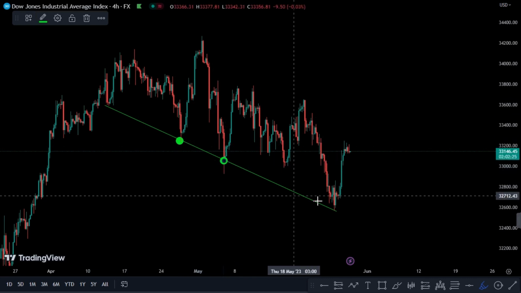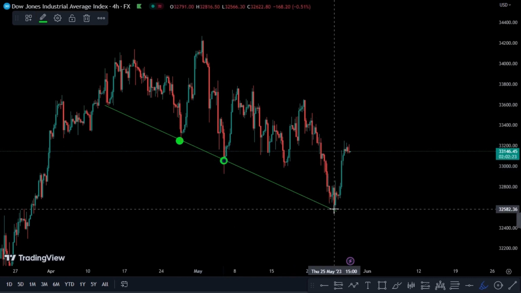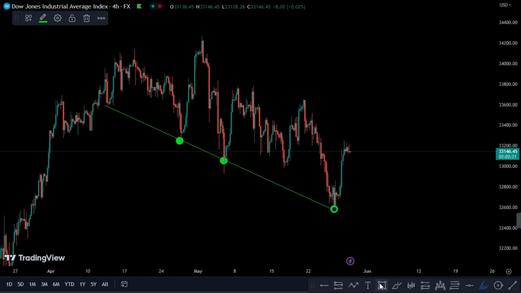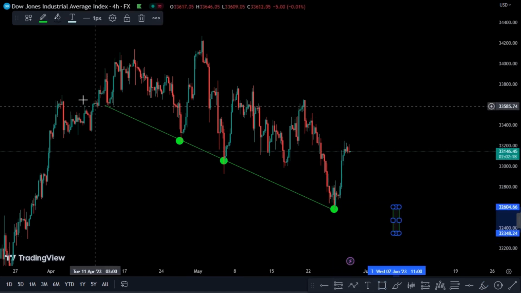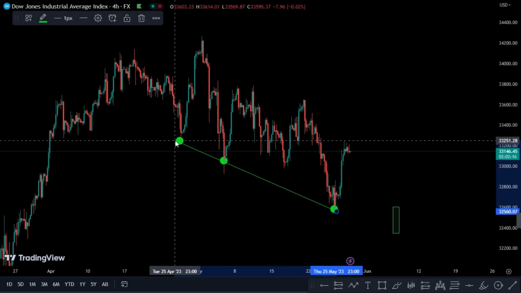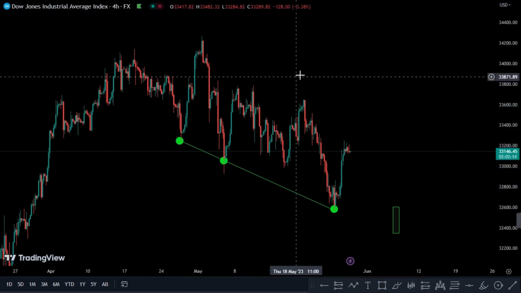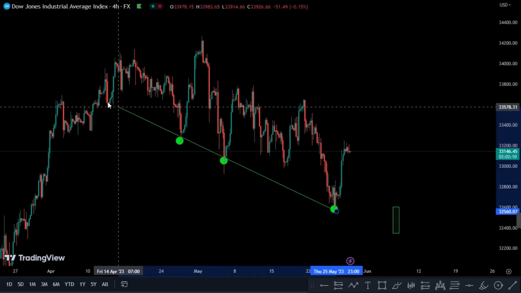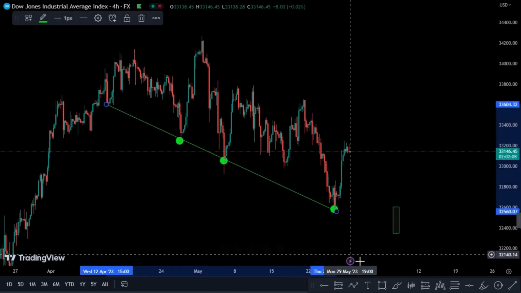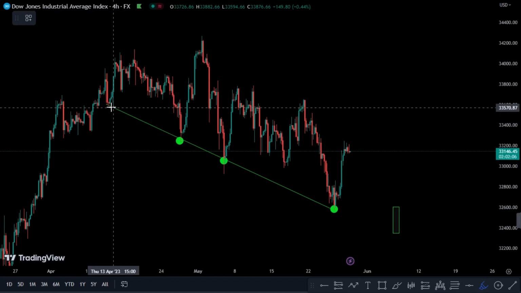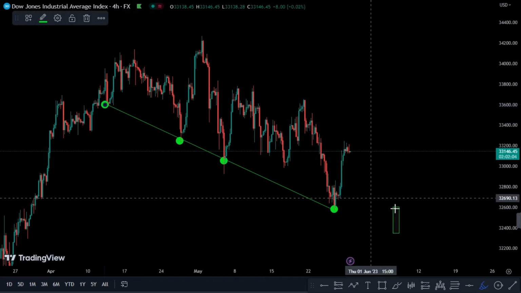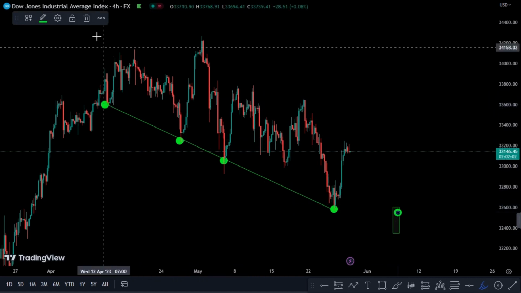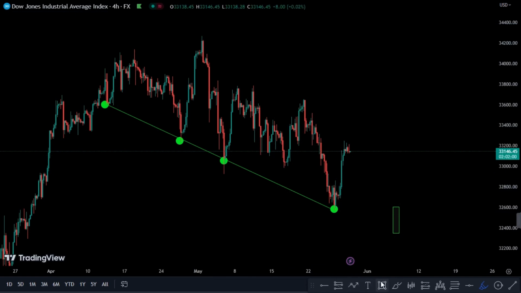That's our first touch, that's our second, and then this right here is our third touch. Okay, so we can start our trend line right there, or you can also extend it all the way to that area. It is still correct.